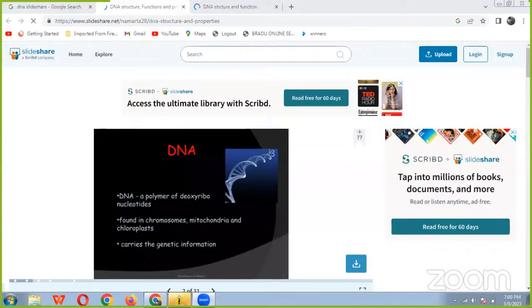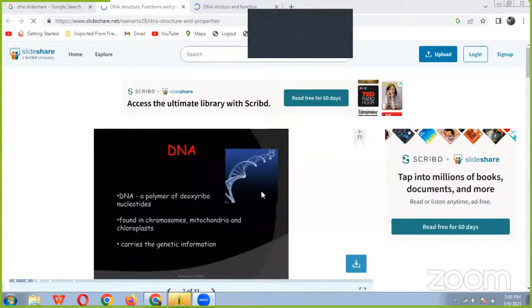Next topic is the DNA structure and functions, the properties of the DNA. Nucleic acids can be divided into DNA and RNA.